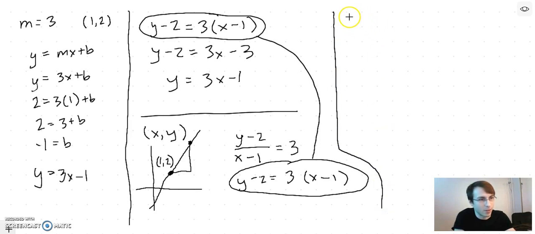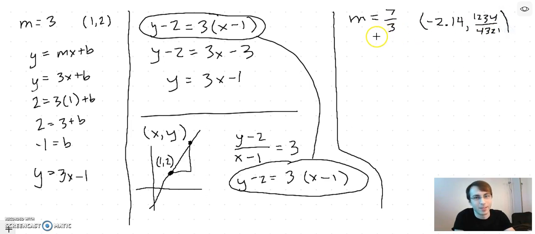Now let's suppose we have m equals, let's say 7/3, just to make this something that would usually be hard, and the point is negative 2.1234 comma 4321. Okay, so by most standards, this is a really ugly problem.